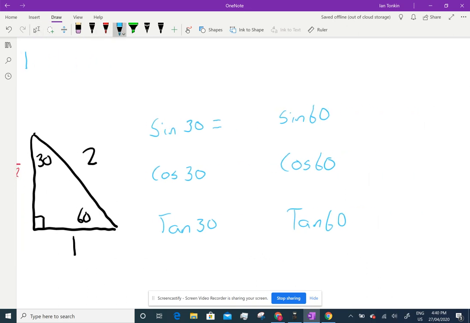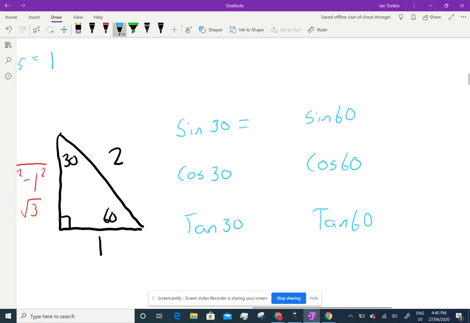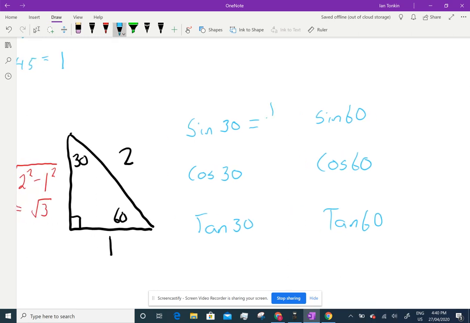Well, sine 30 is 1 over 2. We already knew that, it was the first thing we did. Cos 30 is root 3 over 2. And tan 30 is 1 over root 3. Sine 60 is root 3 over 2.